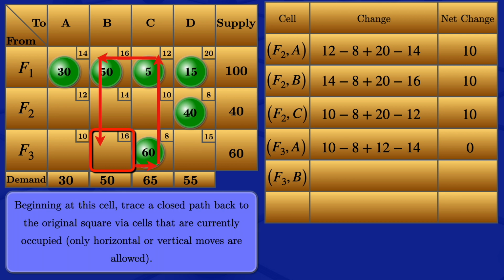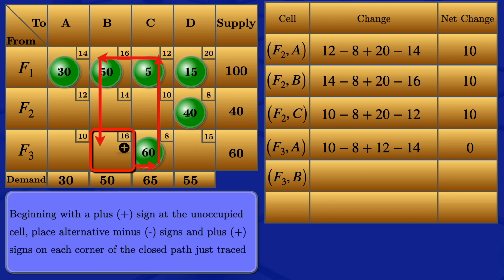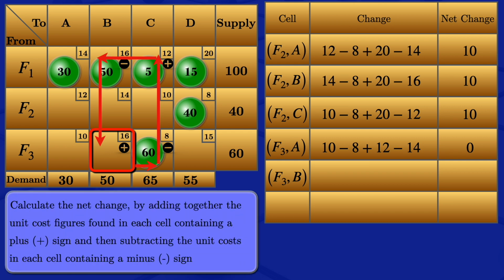Place a positive sign in the original cell, negative sign, positive, and negative. Calculate the net change. 16 minus 8 plus 12 minus 16. This will give us a net change of 4.